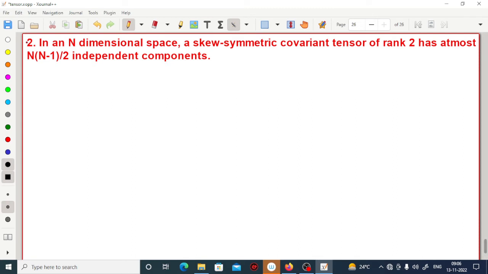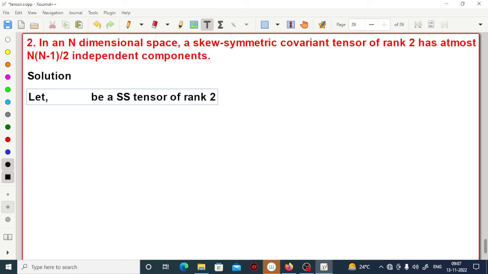So here, let Aij be a skew-symmetric tensor. আমরা একটা ধরে নিচ্ছি, so let me start the solution. Let Aij be a skew-symmetric covariant tensor of rank 2.